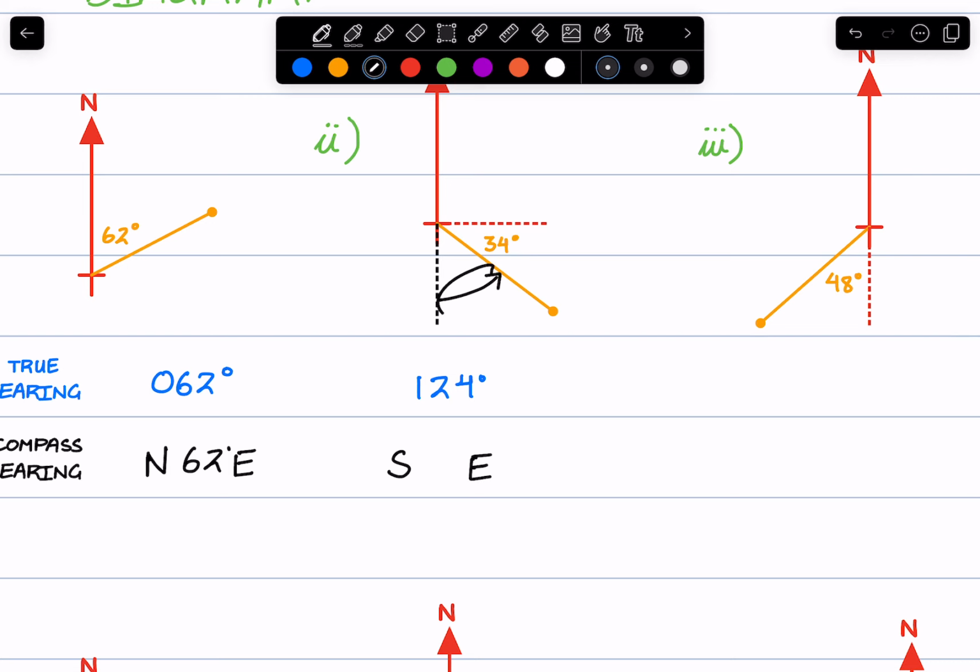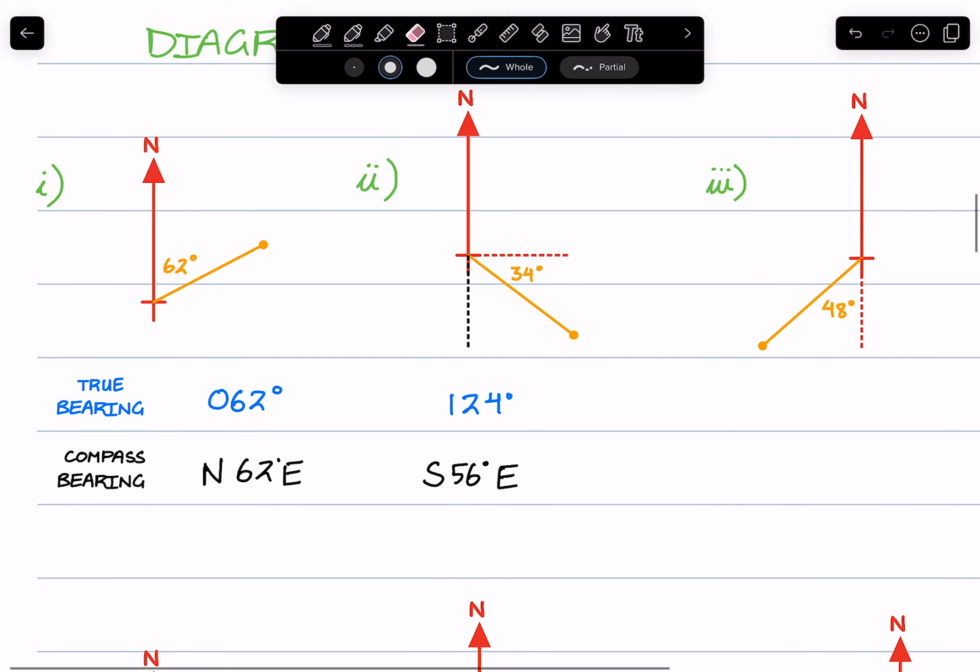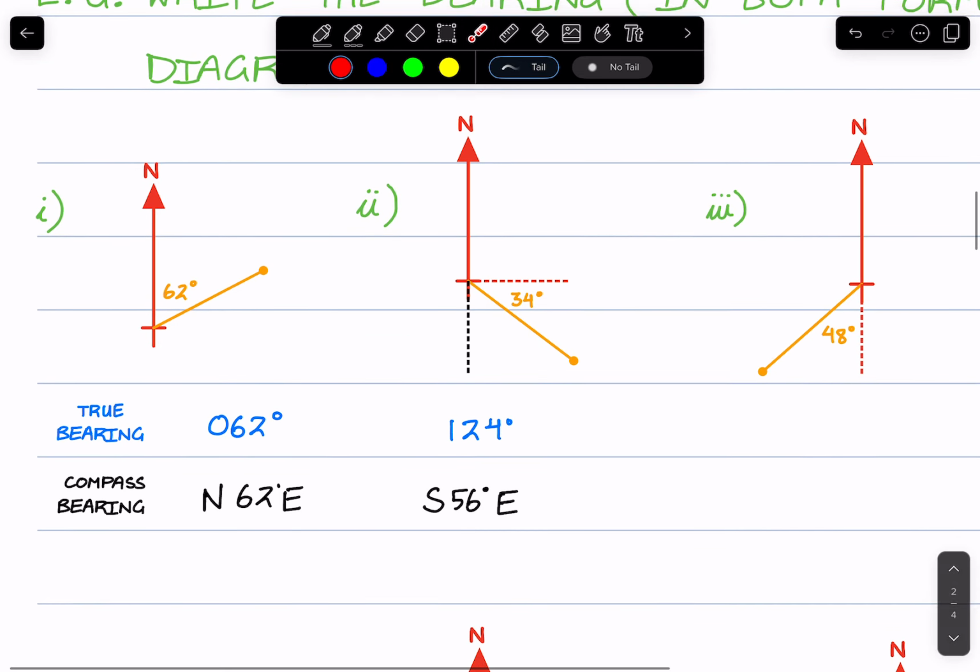How many degrees is that line there? Well, since this is 90 degrees, this missing angle plus this one must add up to 90. So it would be 90 take away 34, which would give us 56 degrees. So it's south, 56 degrees east. That would be the compass bearing for this diagram.